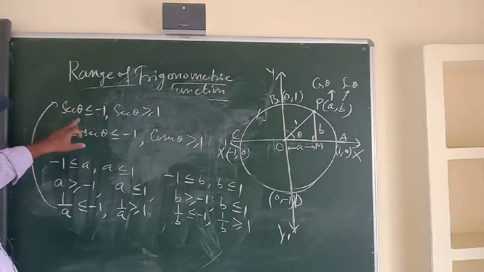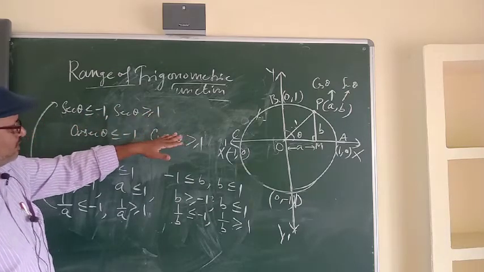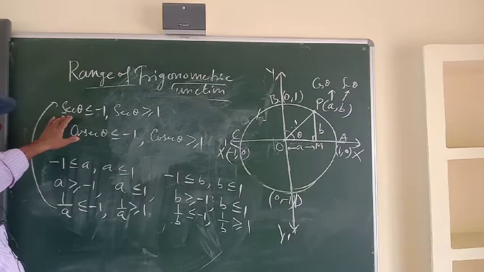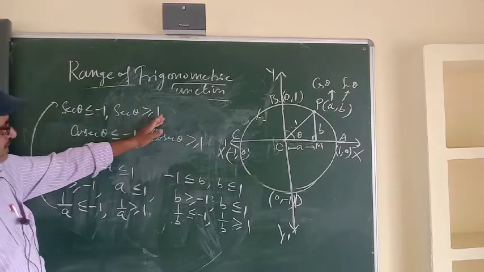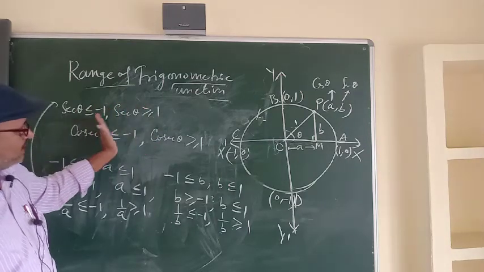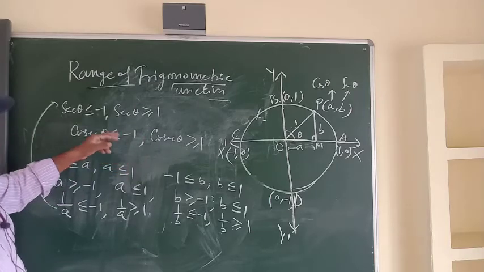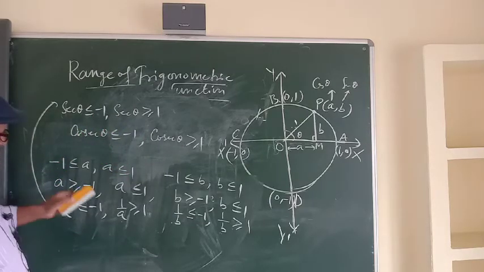So the value of sec theta is less than or equal to -1 or greater than or equal to 1, which means the value of sec theta does not lie in the open interval -1 to 1. It will not lie in the open interval -1 to 1.